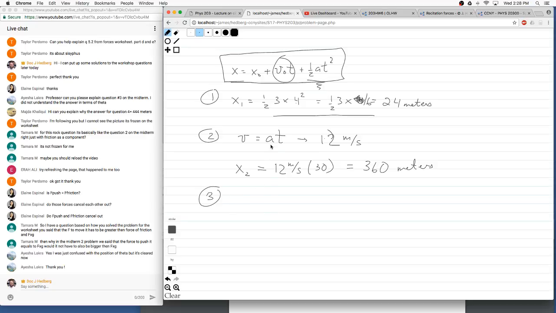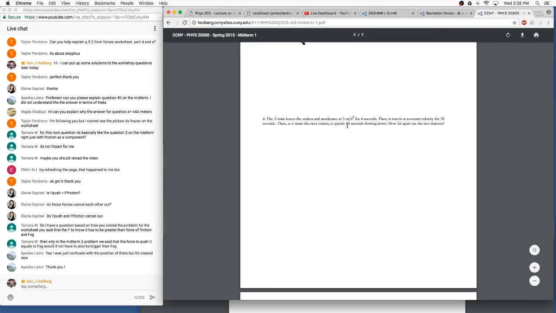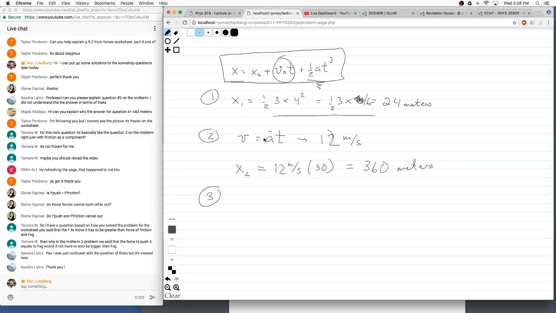Regime 3 would look something like this. Let me just get the numbers right. We're going to spend 10 seconds slowing down, so I need to figure out acceleration based on that. I know that my final velocity will be 0. My initial velocity is 12 minus at.